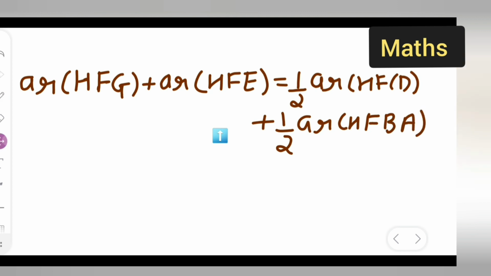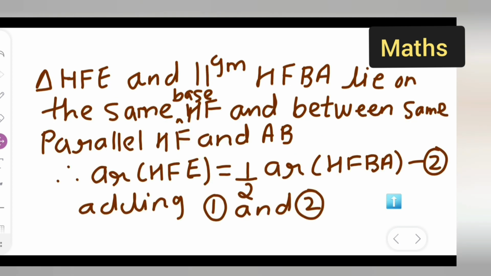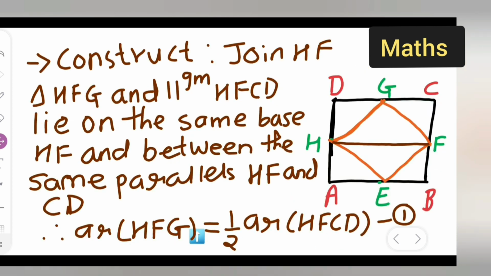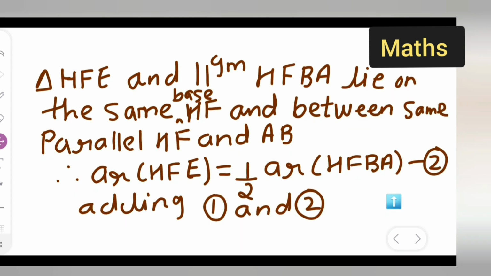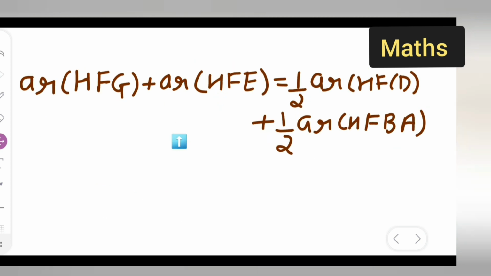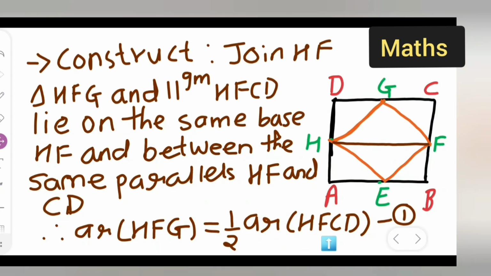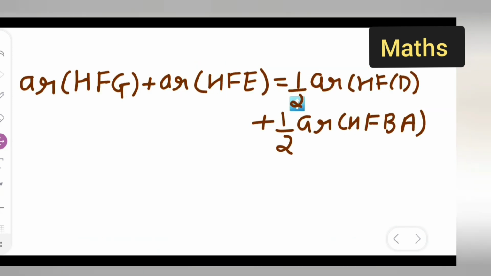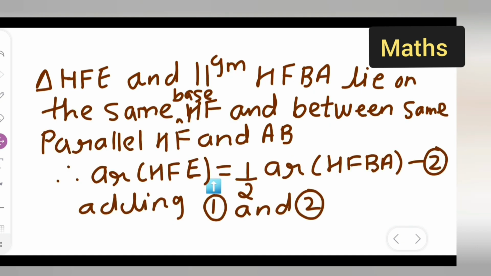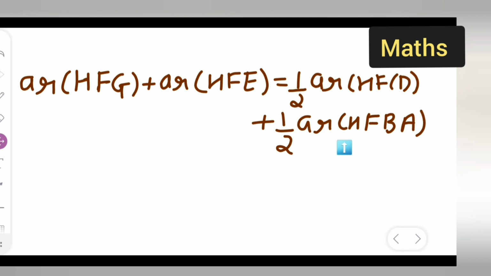I am adding 1 and 2, so area HFG plus area HFE on the left side, and on the right side half of area HFCD plus half of area HFBA.